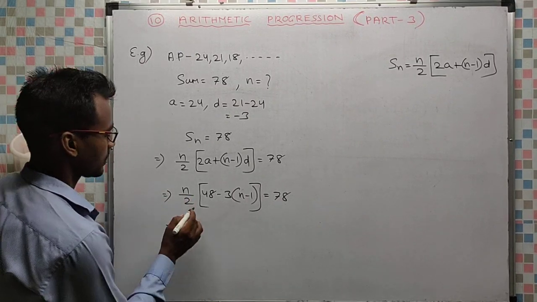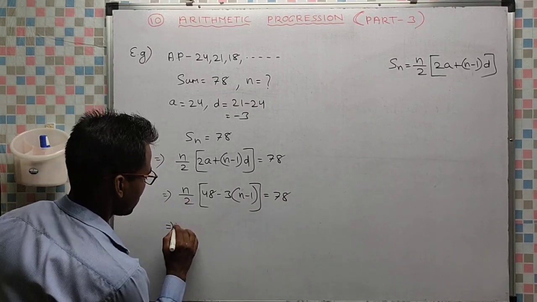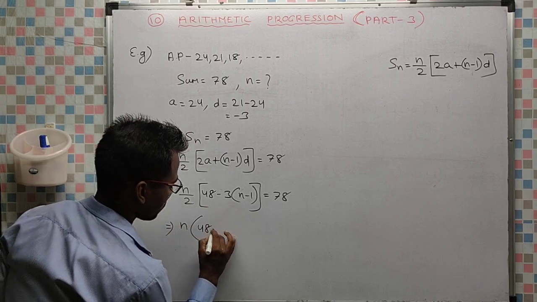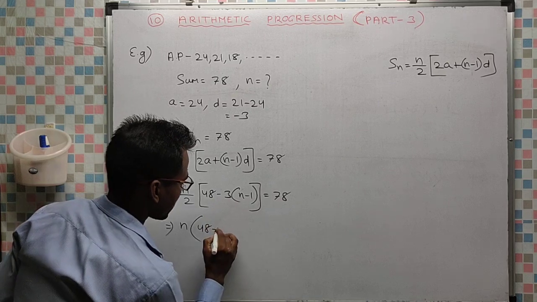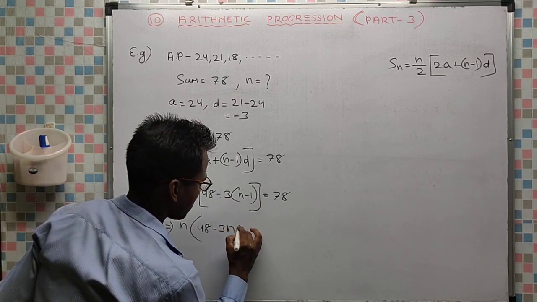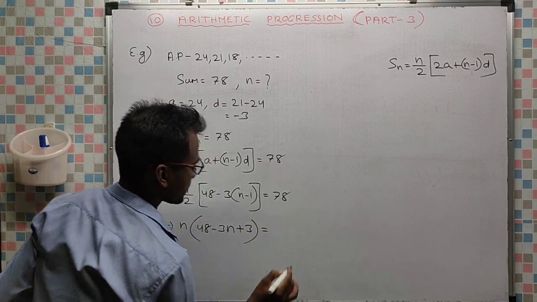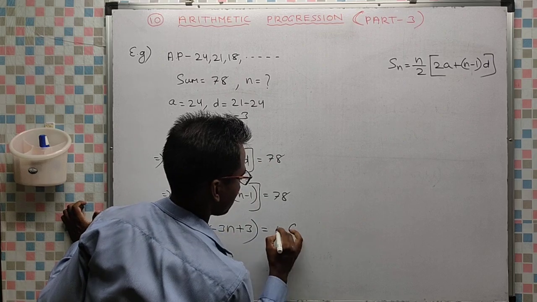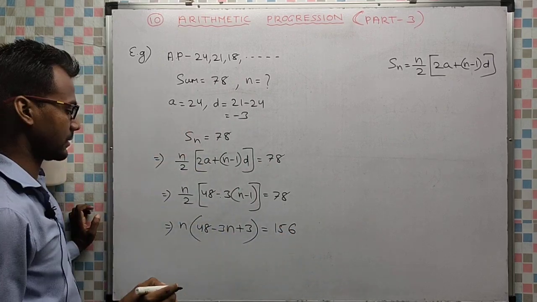To avoid the fraction, take this 2 to the right. So n into 48 minus 3 into n is minus 3n, then minus 3 into minus 1 is plus 3, is equal to 2 into 78, which is 156.